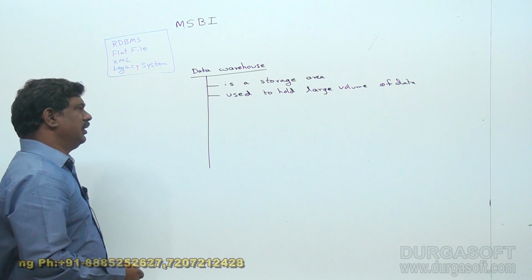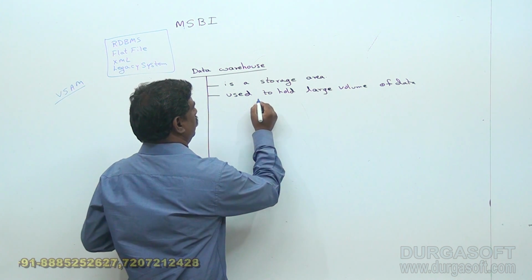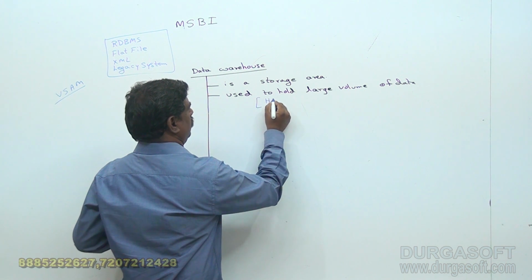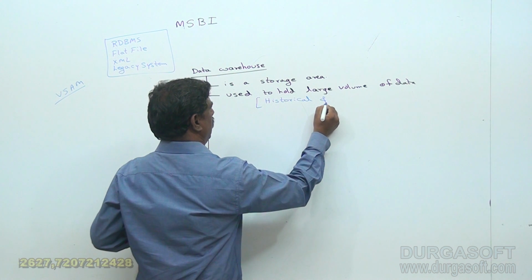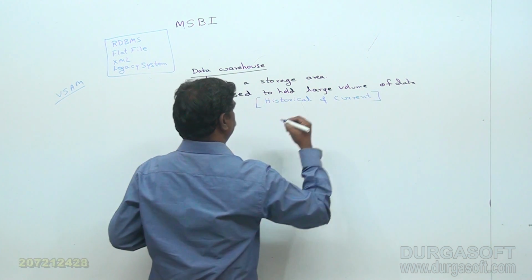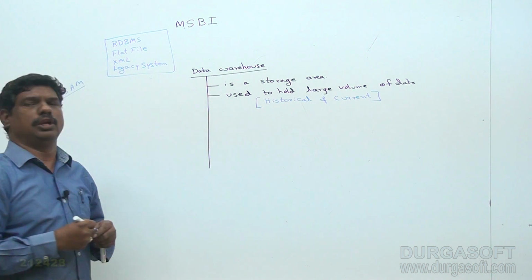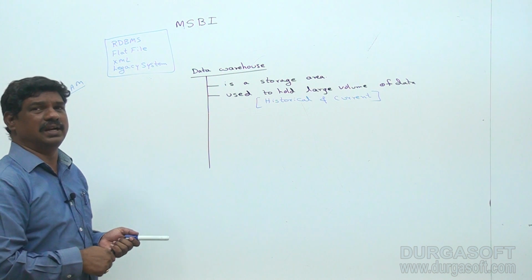What does that mean? It means historical data and current data. So that huge volume of data is nothing but historical and current data.